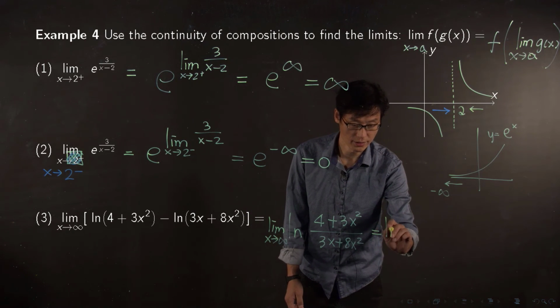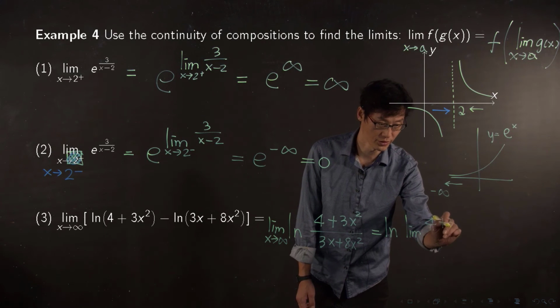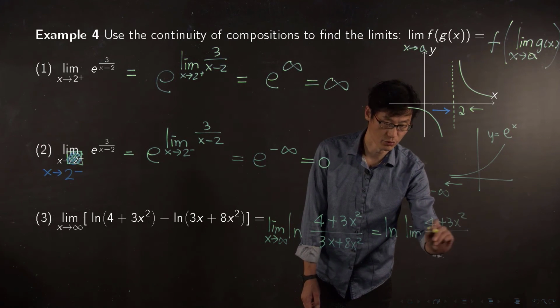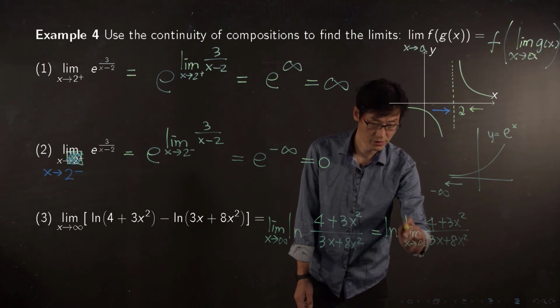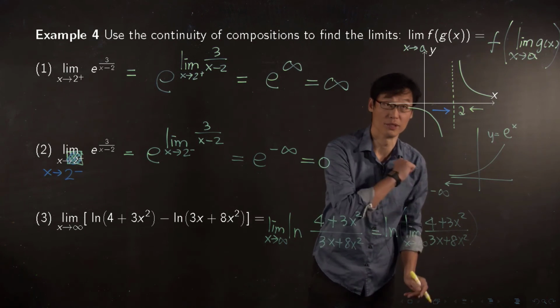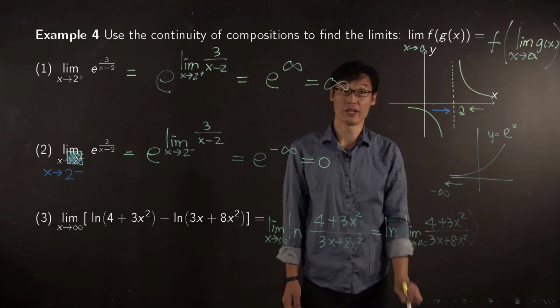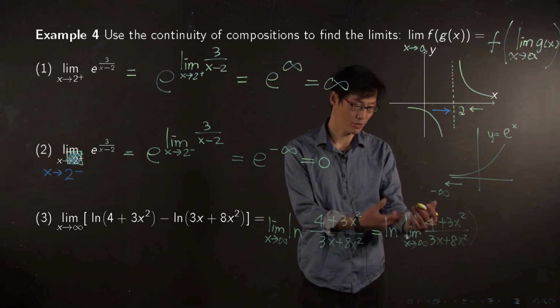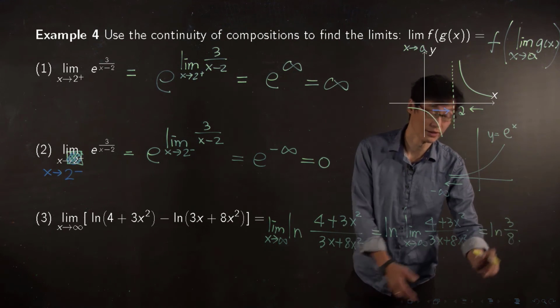So ln of the limit of 4 plus 3x squared over 3x plus 8x squared. It's quite easy to tell the limit of this. Well, the leading terms are 3x squared and 8x squared. If you compare them, we have 3 over 8, and that's it.